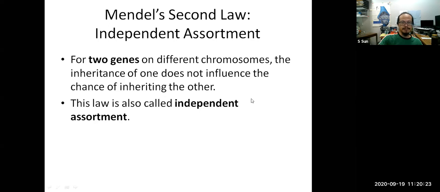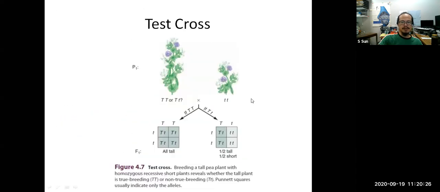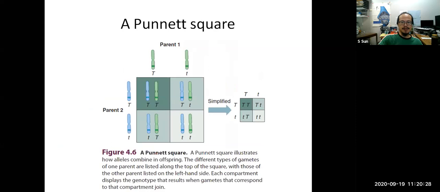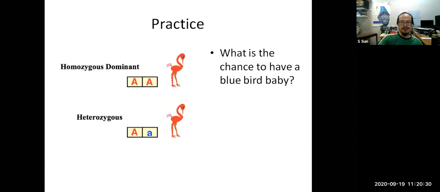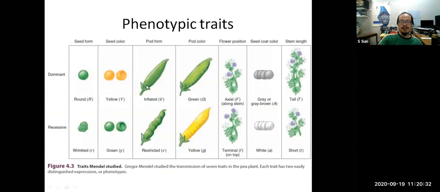Here we have Mendel's experiment. He looked into different traits. There is the R gene, Y gene, and the green versus yellow gene, the tall versus short gene.